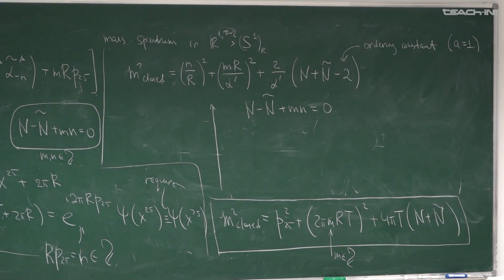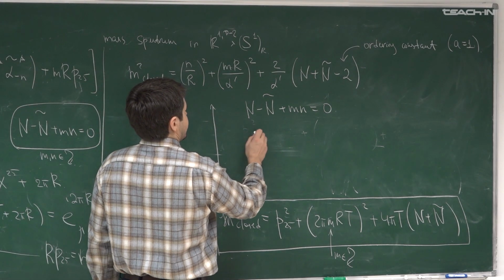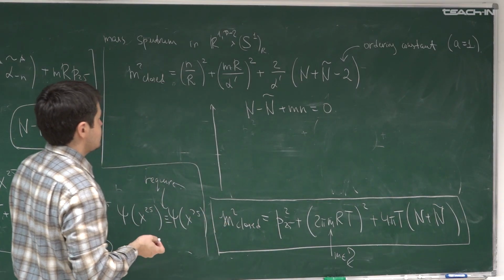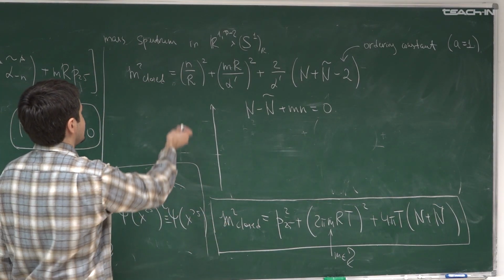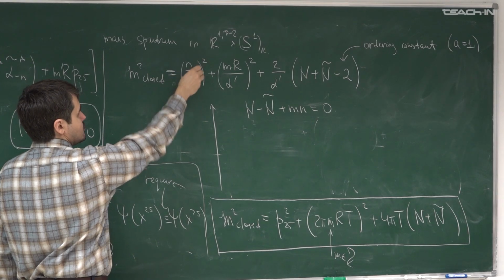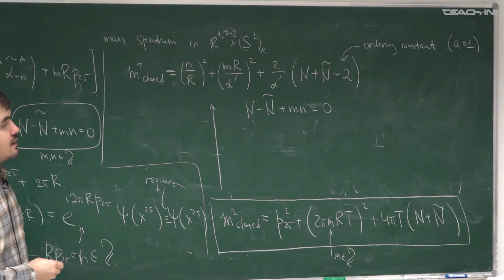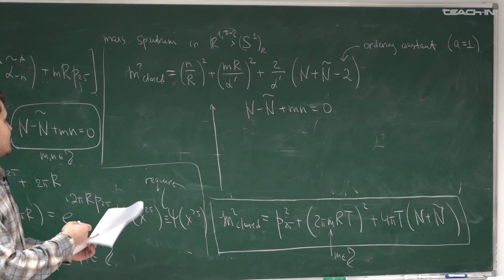So for example, in the case of zero winding, when m is 0, it's essentially the old formula, just that we've now split the momentum along the 25th direction as a contribution to the mass rather than to the momentum squared, kind of, right?